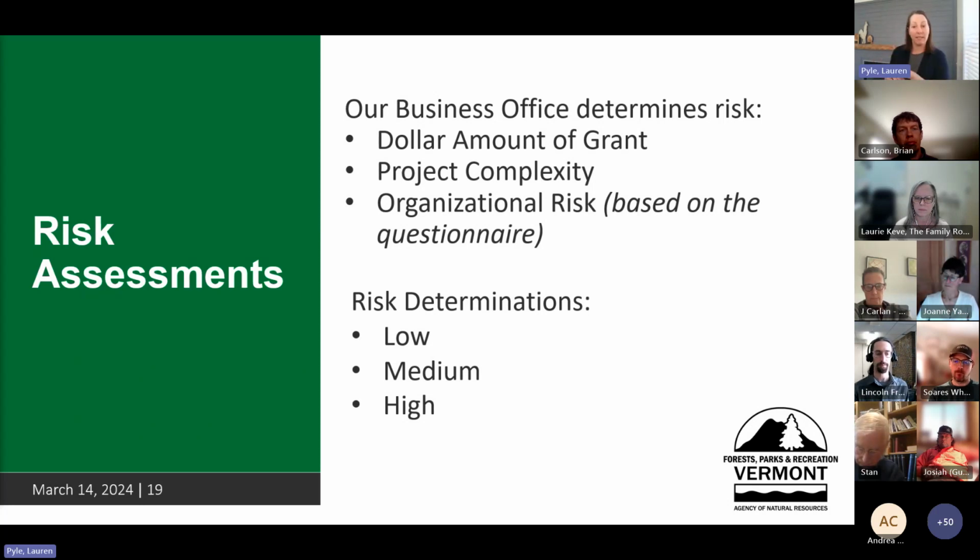On the opposite end of the spectrum, for higher risk grants, we're going to ask for all that financial documentation every time you reimburse. That's part of the state protections because it's public money and they're trying to have that oversight. So just know that those three things come into play once they're making that determination, and we'll be sure to let you know.